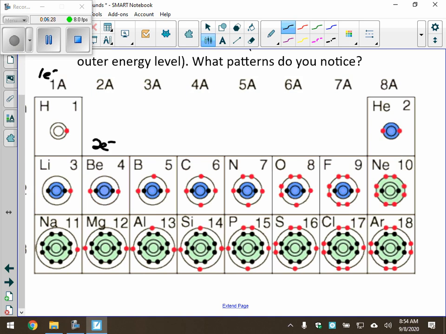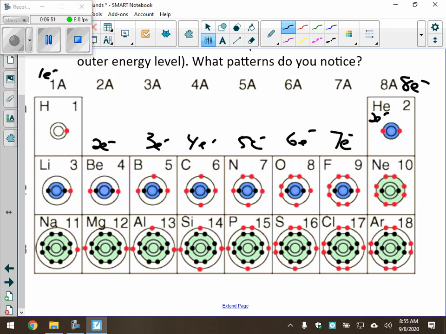And then we're going to skip the 3 to 12 transition metals, but then we're going to go over to boron here. Those would have 3, 4, 5, 6, 7, and of course, 8 or 2 in that case, right? We skip 3 to 12 there because they can vary there, transition metals, okay?